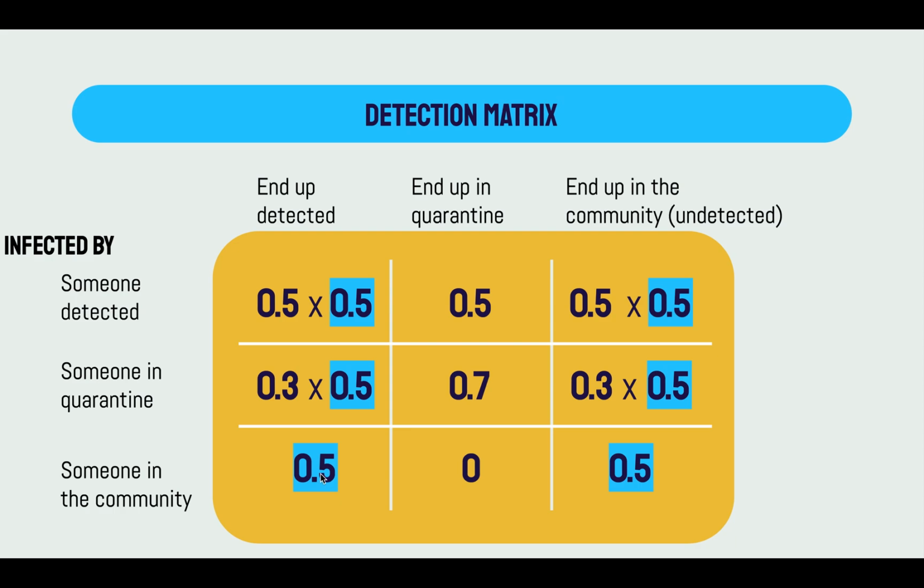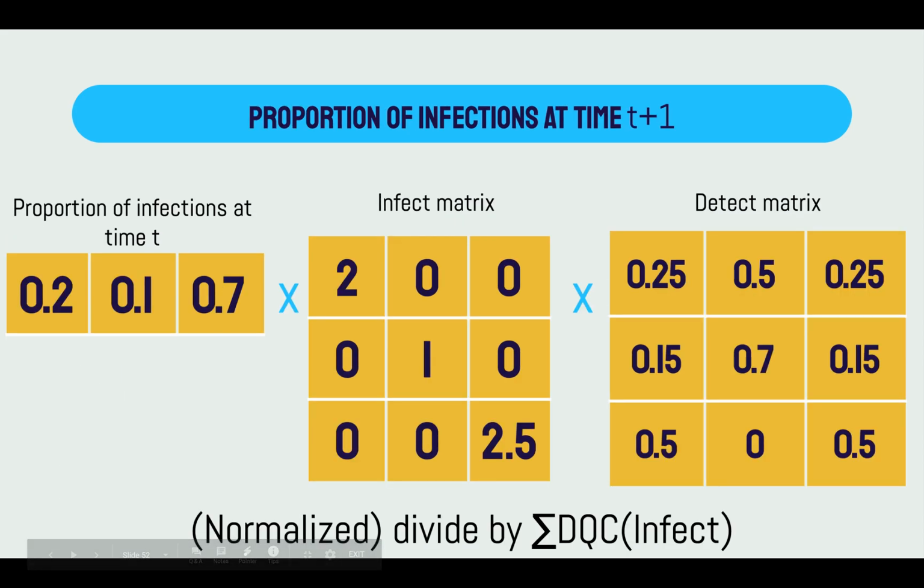We can update all of those 0.2s to 0.5s, and that's going to change our ultimate result. To calculate the proportion of infections at time t plus 1, we still multiply the proportion of infections at time t times that same infect matrix times our updated detect matrix with our new probabilities. And then, of course, we normalize that.